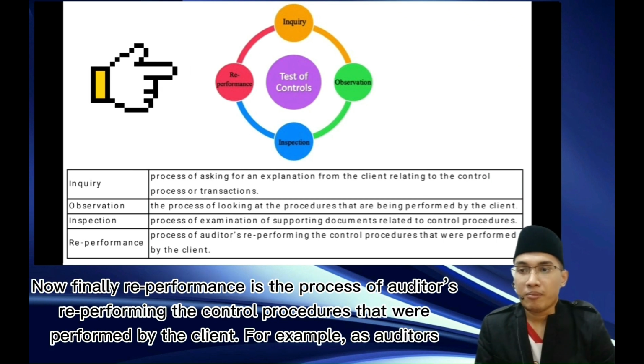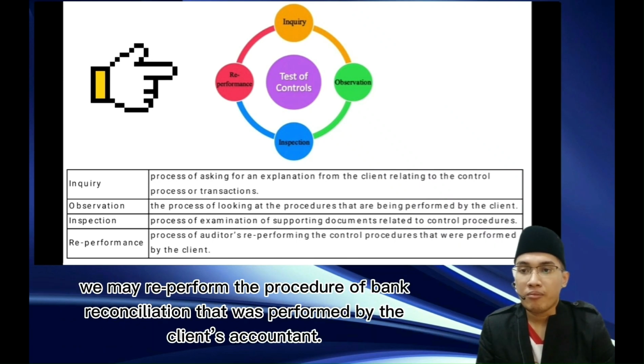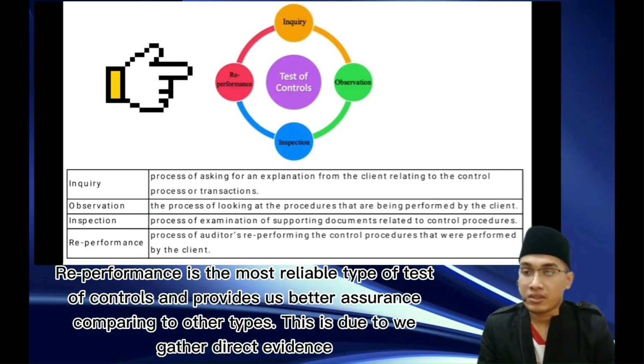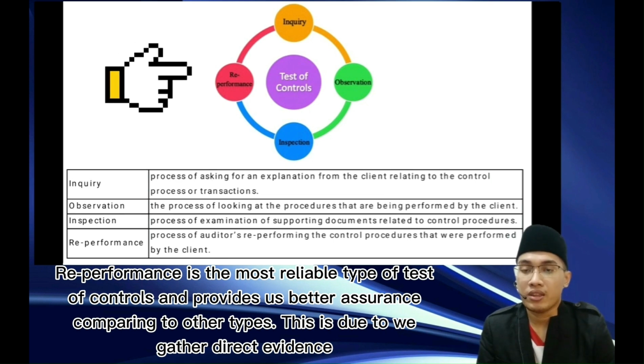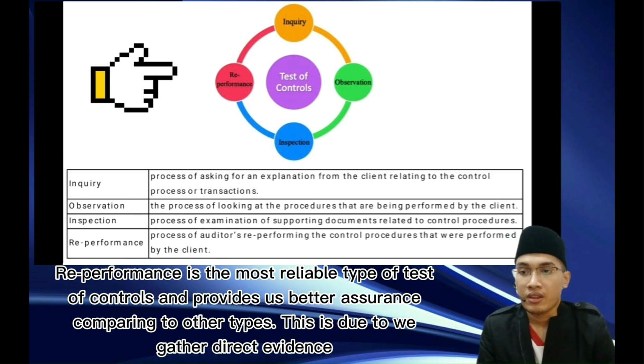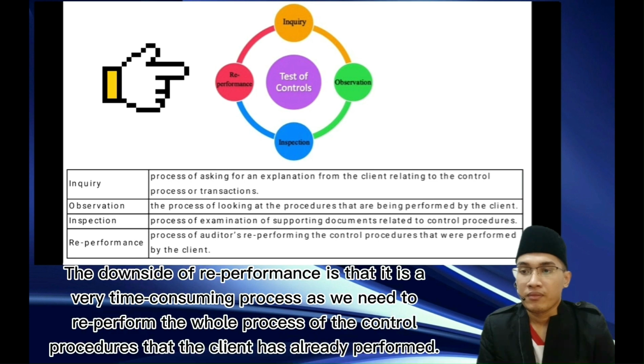Now, finally, re-performance is the process of the auditor re-performing the control procedures that were performed by the client. For example, as auditor, we may re-perform the procedures of bank reconciliation that was performed by the client accountant. Re-performance is the most reliable type of test of control and provides us better assurance compared to other types. This is because we gather direct evidence on how the control works when we use re-performance.